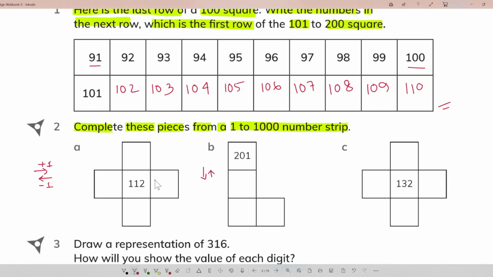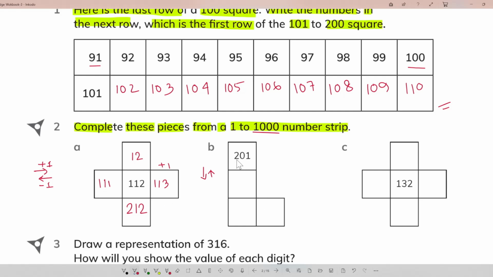So here is 113, add 1, and on the left side 111. But going up and down, this is the 1000 number strip, so it's 100 each place. So here is 2, 1, 2, and here is what? 112 minus 100, it means here is only 12. Okay, it's a very simple thing.